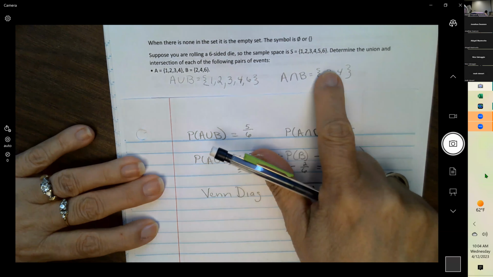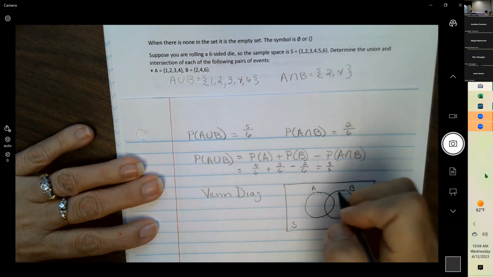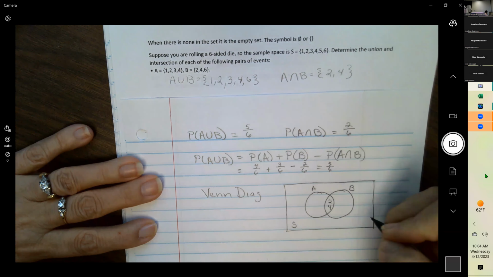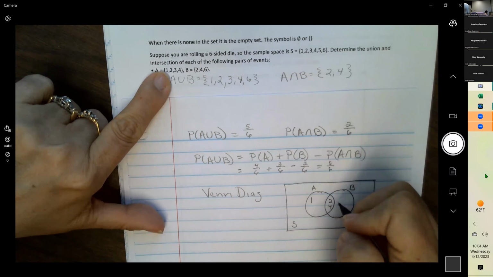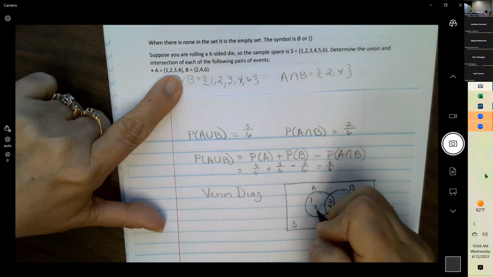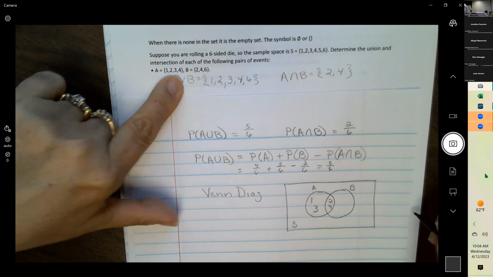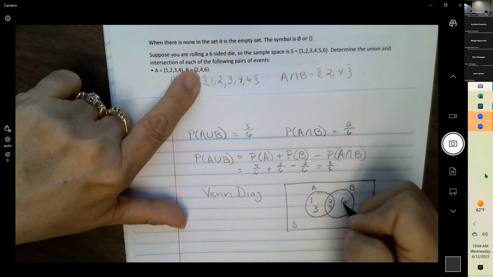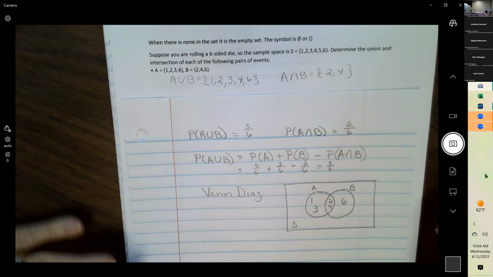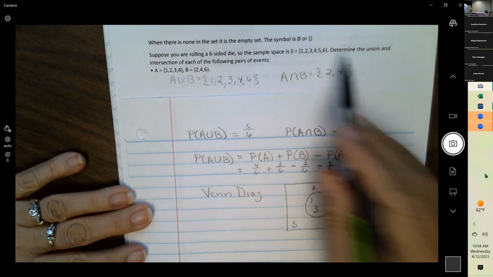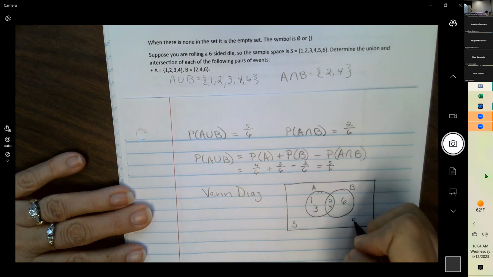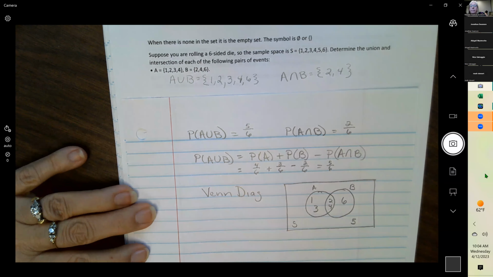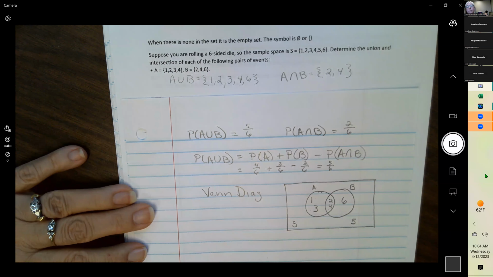The two they overlap at or intersect, those would be in the overlapping circle. So A is 1, 2, 3, 4. B is 2, 4, 6. And rolling a die is 1 through 6. The only one missing is the 5. So 5 would be outside.